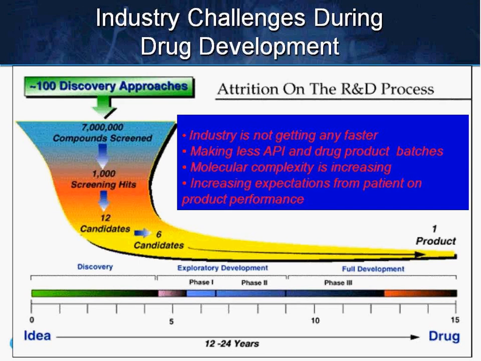So in essence we are moving from a philosophy of testing ourselves into compliance to actually being in a place where we're actually building quality in during the design phases of the product. Molecular complexity is increasing, and with that comes a solid form complexity that we have to try and address. And there are increasing expectations from the patient on the product performance, and rightly so.